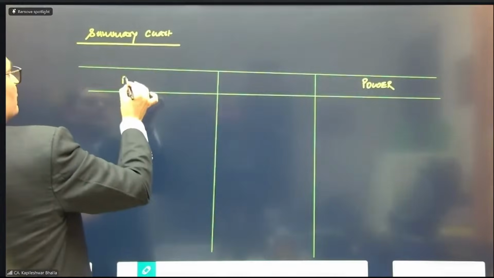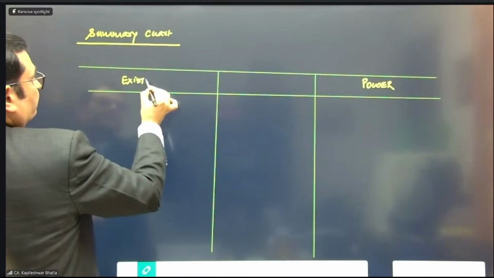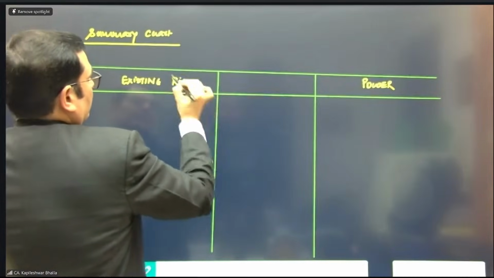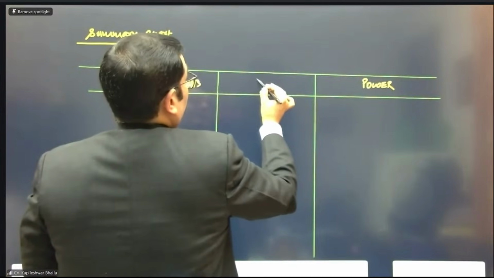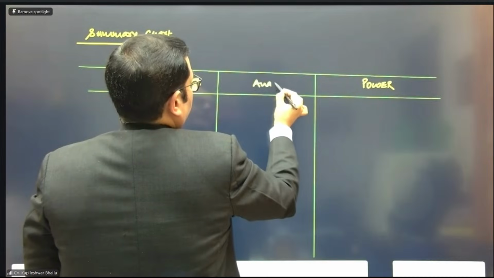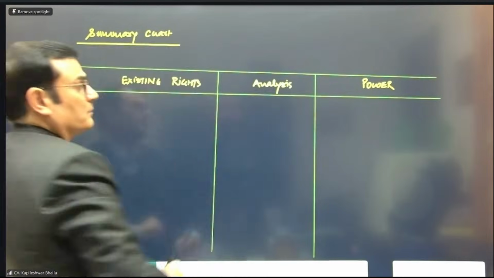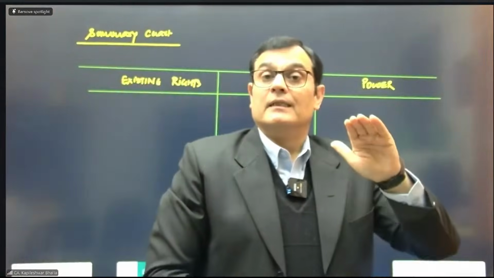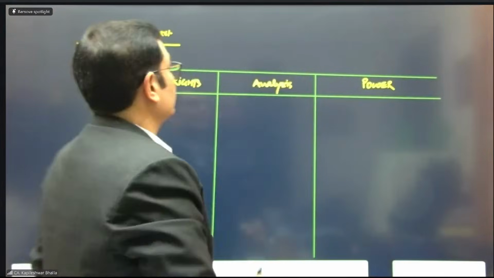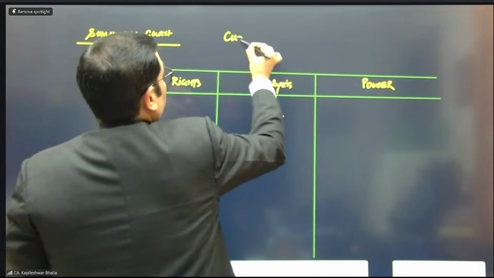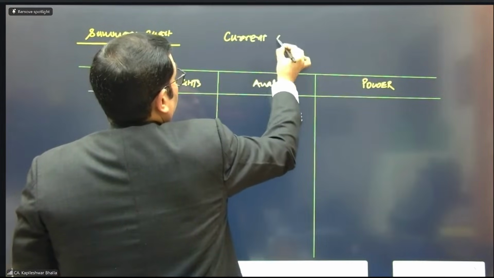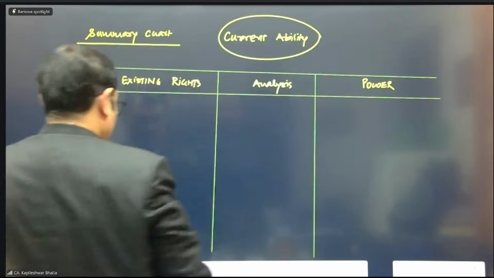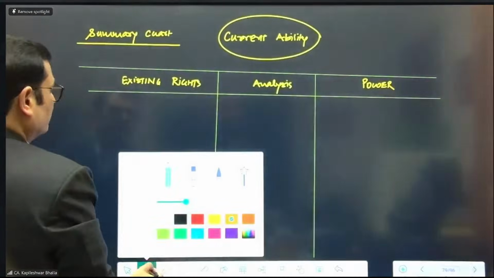I am giving you some existing rights and some further inputs, so let's see the analysis and decide the concept of power. We need to look at the concept of current ability. This summary chart is working on the concept of current ability.